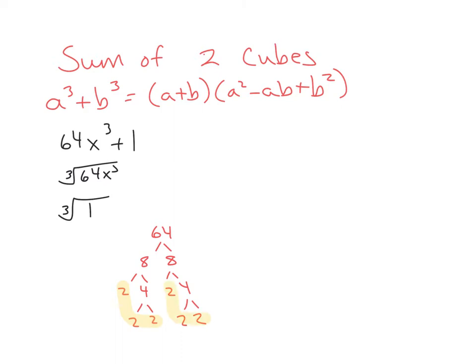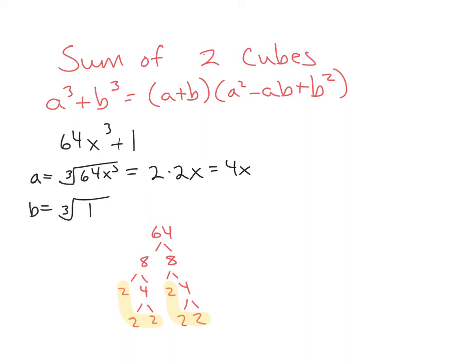So I have 2 sets of 3, so that right there is a 2 and a 2. Now, the x cubed, we're taking the cube root of that as well. There's 3 x's, so that means one of the x's gets to leave, and you end up with a 4x. So the cube root of that is the 4x. And this right here, by the way, is your a. So this is a, and then this is going to represent b.